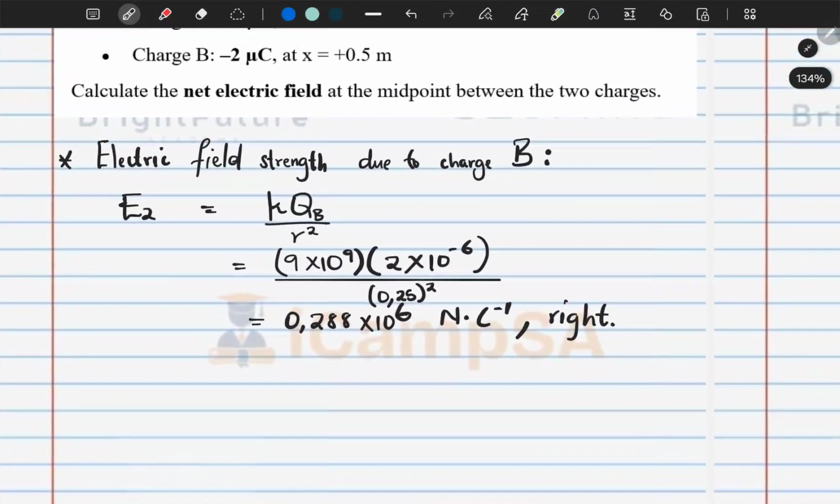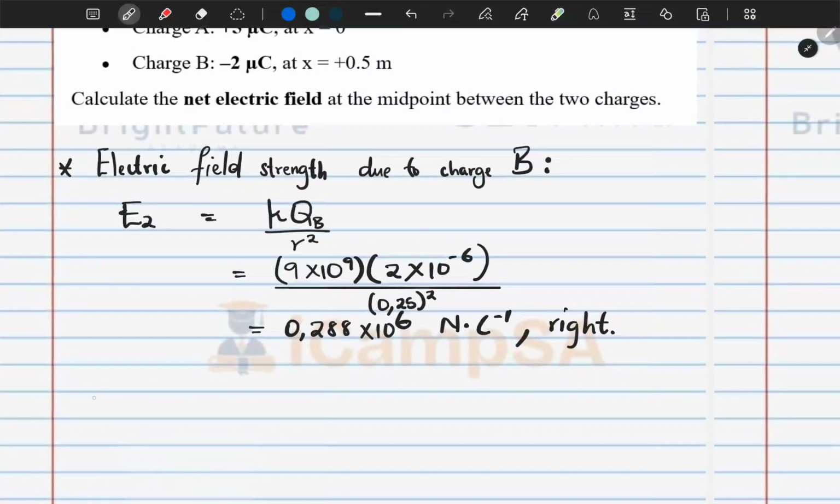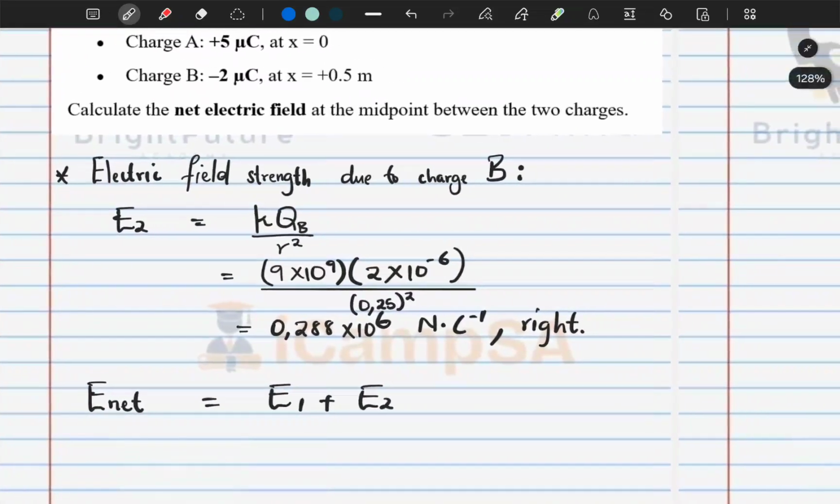And then at this point, we are ready to calculate the net electric field. Remember, net electric field, you can write it as E net. That's where you sum all the electric fields that you have. It's important to consider direction as well. You can choose either right or left as positive. Let's say we choose right as positive. That means anything opposite to this direction will be regarded as negative.